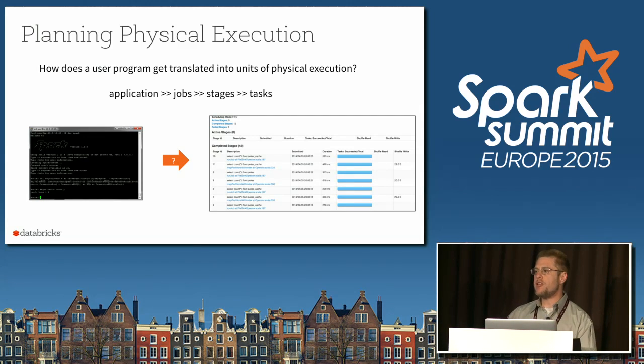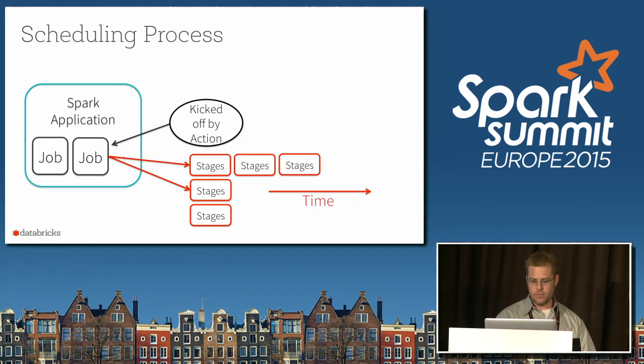Once it's figured out where the stage boundaries are, those are the limits on what can be done strictly in parallel. Then within the stage, it will create tasks to process each partition. So the application in the driver will launch a job, and the job will become stages.